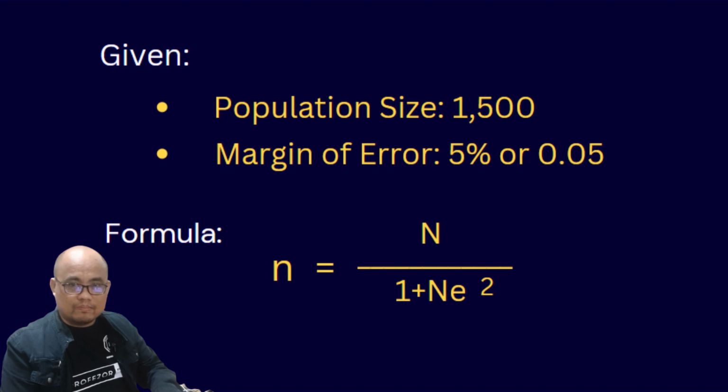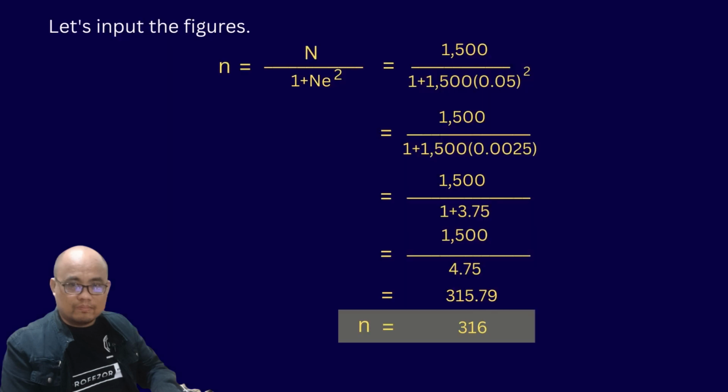We already have identified what are given. So number one, the population size at 1,500 and the margin of error at 5% or 0.05. Then below is the Slovin's formula that we are going to use. So let's input now the figures.